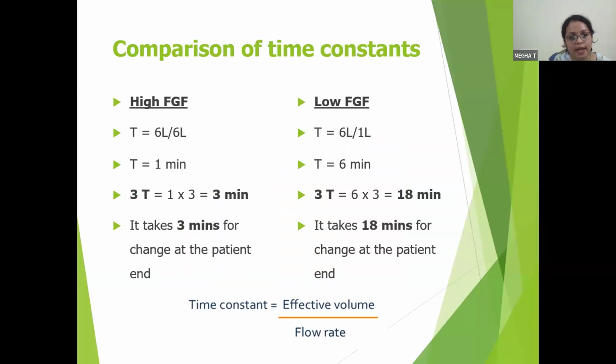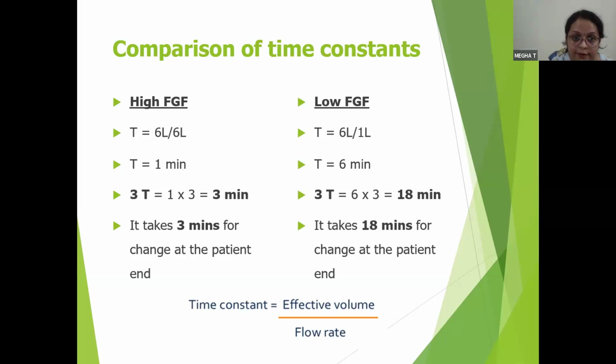So 6 by 6, the time constant is 1 minute. We are more worried about the 3 time constants, that is, 95% of the change in composition occurs by then. So 1 into 3 will be 3 minutes. So it means that it takes 3 minutes for a change at the patient end. That means if I change the dial setting at my end, at least 3 minutes it will take to reflect on the patient end.